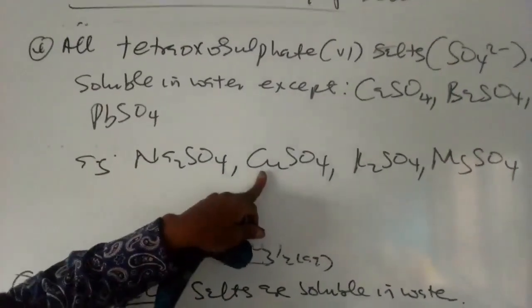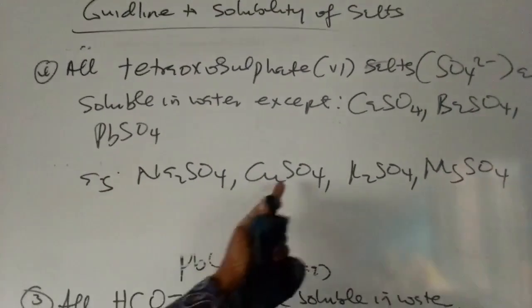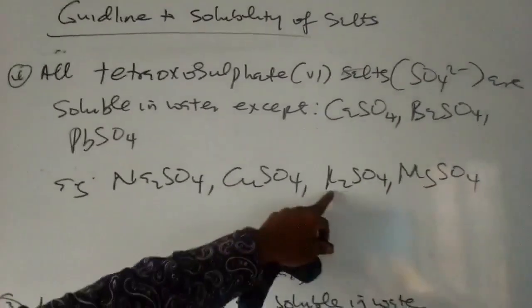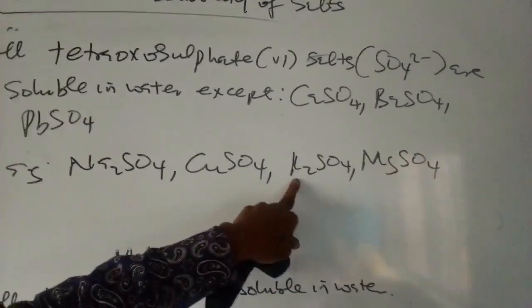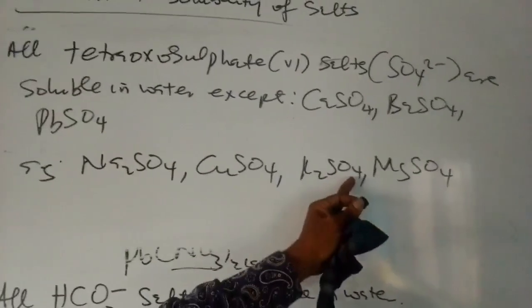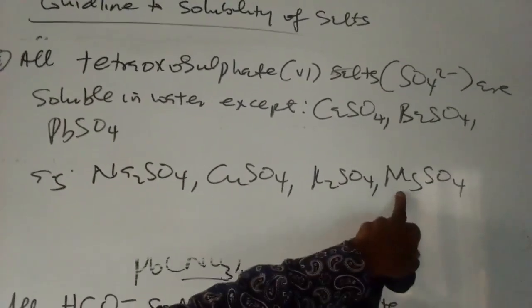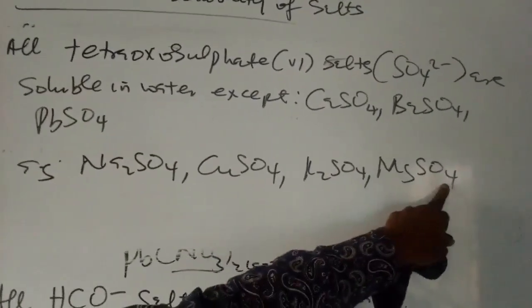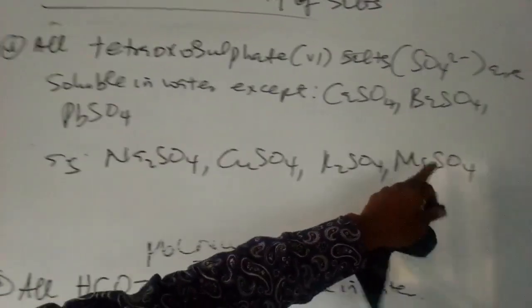We may not know anything about copper, but because of SO4 it is a soluble salt. This salt is soluble because of potassium. All common salts of potassium are soluble, or because of the SO4 anion. This salt is soluble because of SO4. You may not know anything about magnesium salt, but because it has SO4, it's a soluble salt.